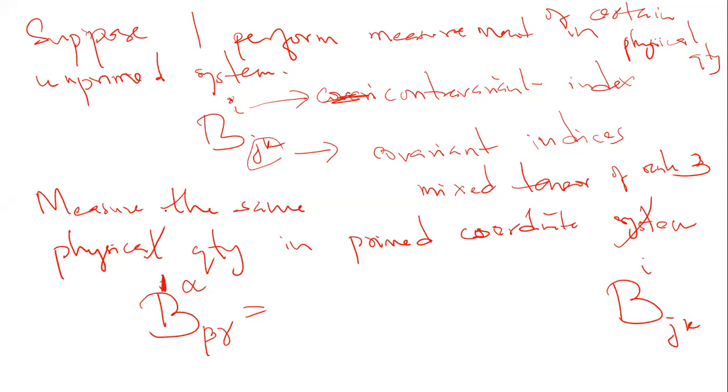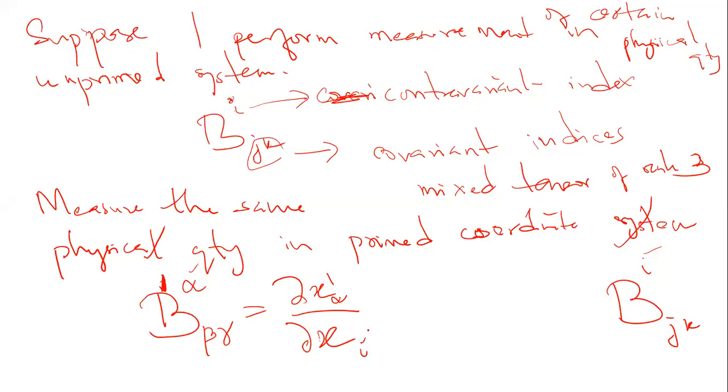You see that i and alpha are both contravariant indices. So what is the transformation coefficient for this contravariant index? In a contravariant index, you remember that the partial derivative involves the primed variable in the numerator. So del x alpha prime over del x i.